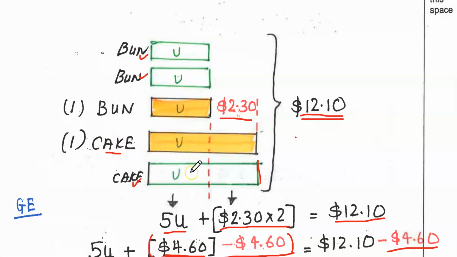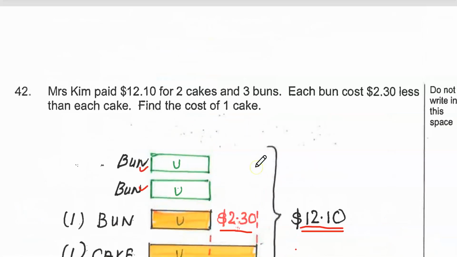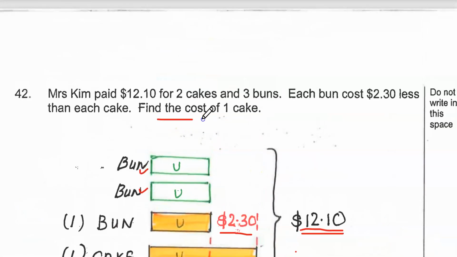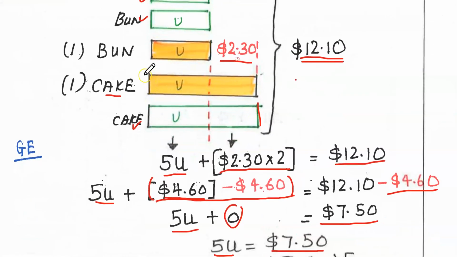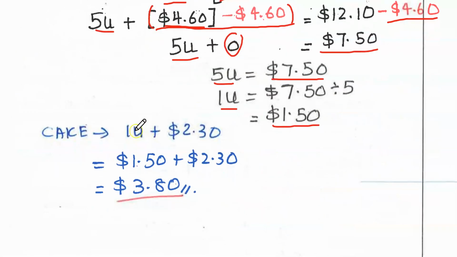Look here, $1.50 plus 230. That's it. Take a look at the question. Find the cost of a cake. One cake here is 1u plus 230. So a piece of cake is $3.80.